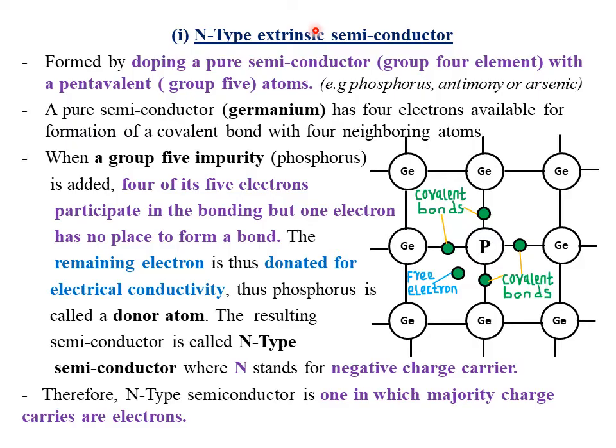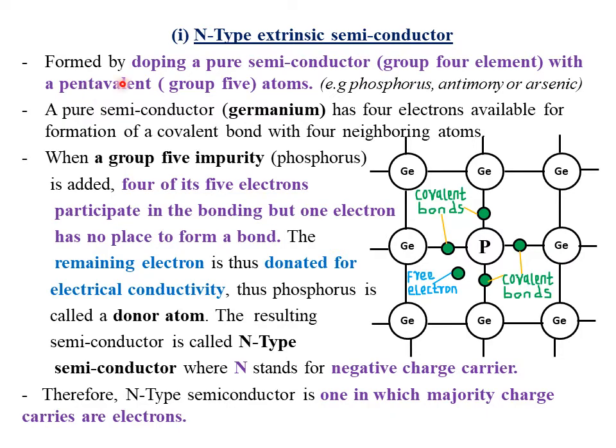Next, we look at N-type extrinsic semiconductors, commonly known as N-type semiconductors. Now, how do we form N-type semiconductors? They are formed by doping a pure semiconductor, that is a semiconductor that has no impurities, or what we simply call the group 4 elements, for example silicon and germanium, with a pentavalent. Remember, the word penta means 5.